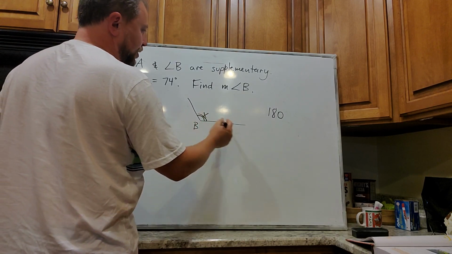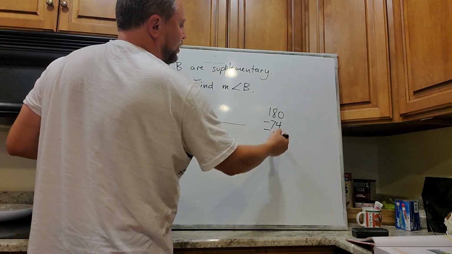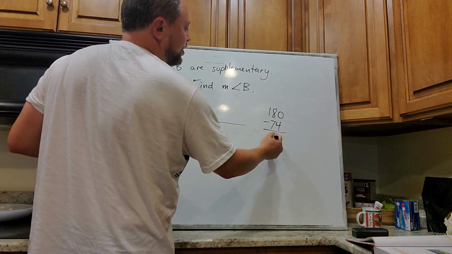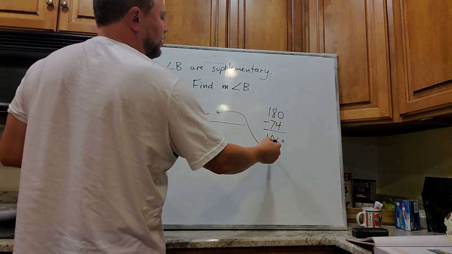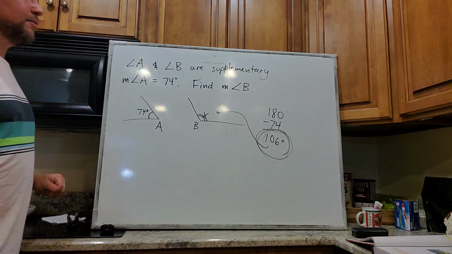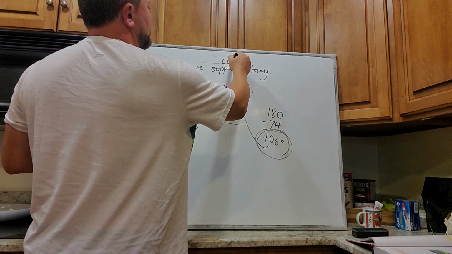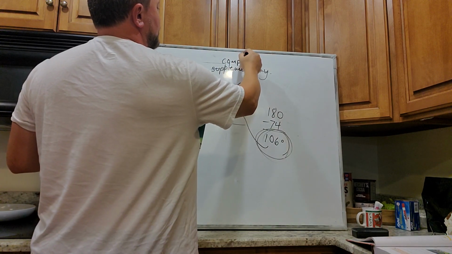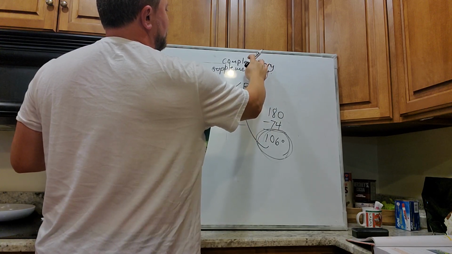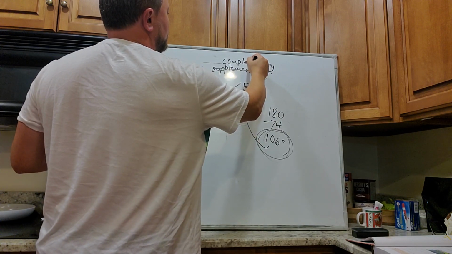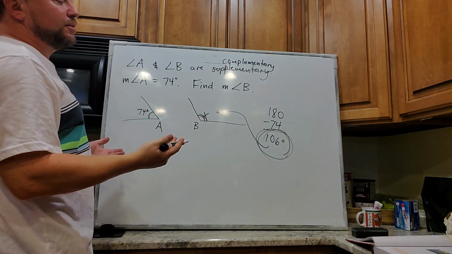well, it's pretty simple. All you have to do is take the 74 that you had here off of 180 and see what's left. As you can see, that leaves you with 106 degrees for angle B. So there's our answer, 106 degrees. Okay, be careful. They might switch this to complementary. If they had done that, or they said they're complementary, now it changes the problem a little bit.